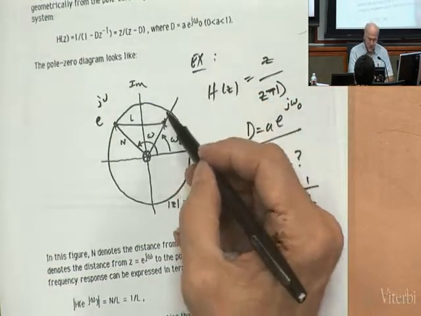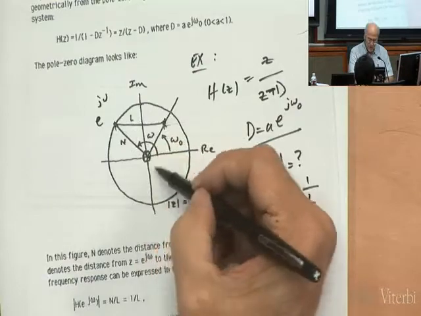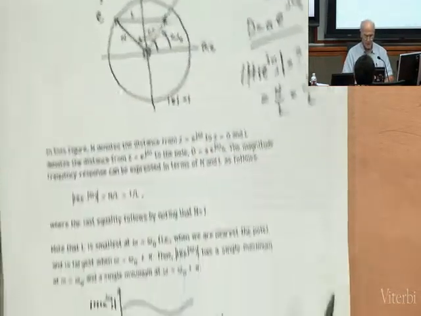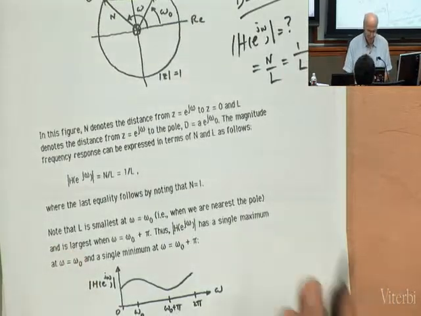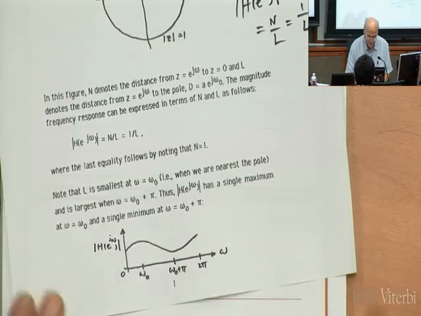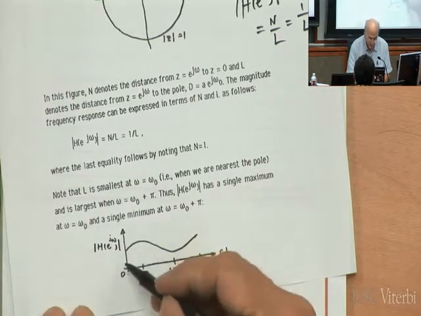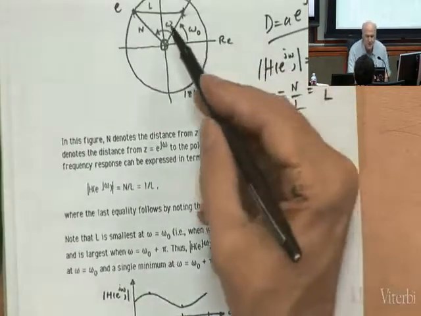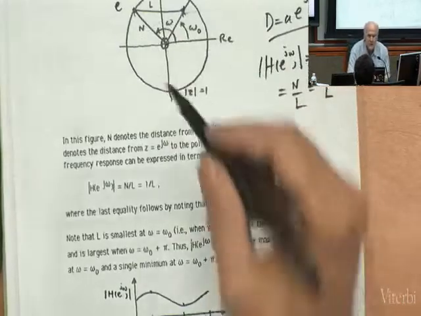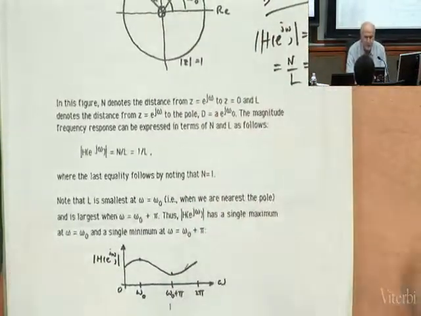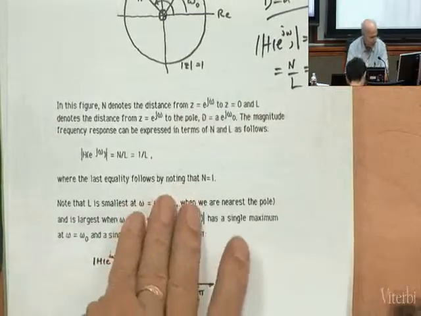Vice versa, as you go around the unit circle to the other side, the chord is at its maximum. So you might get a plot something like this for the magnitude of H of e to the j omega: a maximum here at omega equals omega naught, and a minimum over there. For this particular case, there is no zero on the unit circle, so the magnitude frequency response will never go to 0. It'll just do this variation.